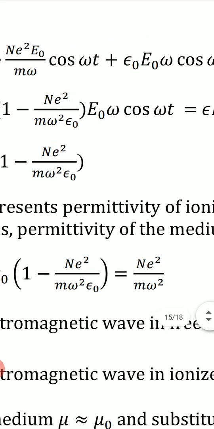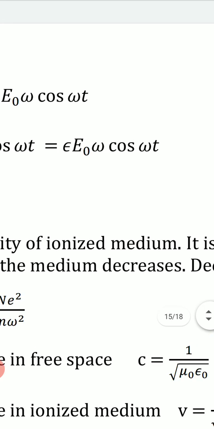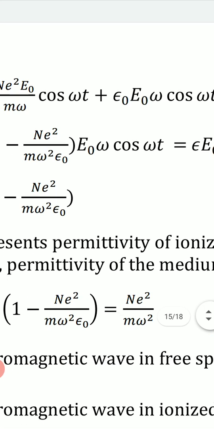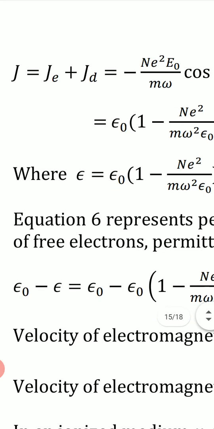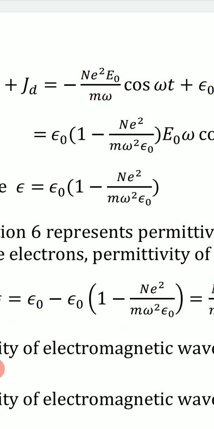Now we write this as epsilon E0 omega cos omega t. Here epsilon is written for epsilon 0 into 1 minus N e square upon m omega square epsilon 0.